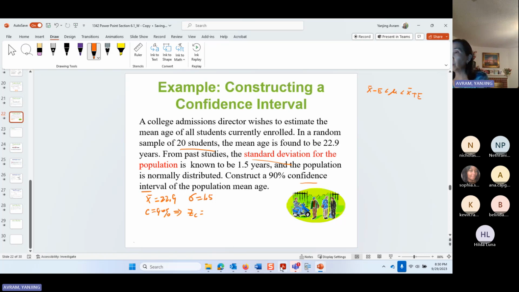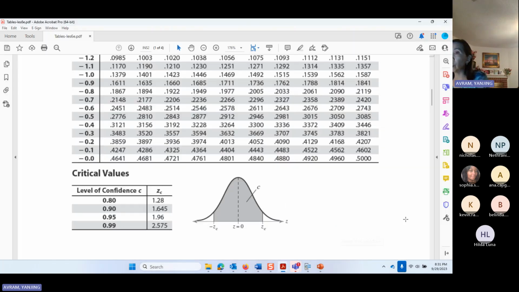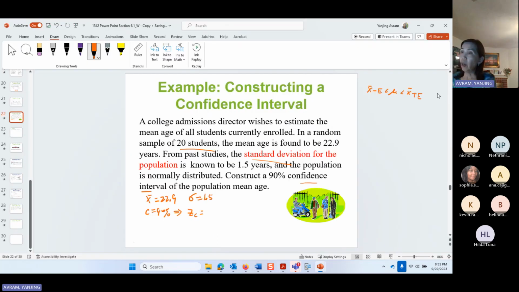We gave you that earlier. For 90%, my z sub c is 1.645. If it is not in there, how do you calculate it? You draw a little bell curve. You have 90%, or 0.90, c, in the middle. Then this is z sub c, this side is negative, this side is positive.